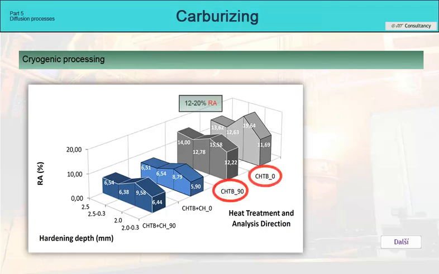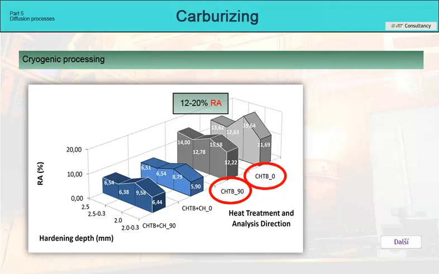The analysis shows that after the standard process, we have 12 to 20% of residual austenite in the layer, and after freezing, then 6 to 10. Thus, the residual austenite content was reduced by 50%.